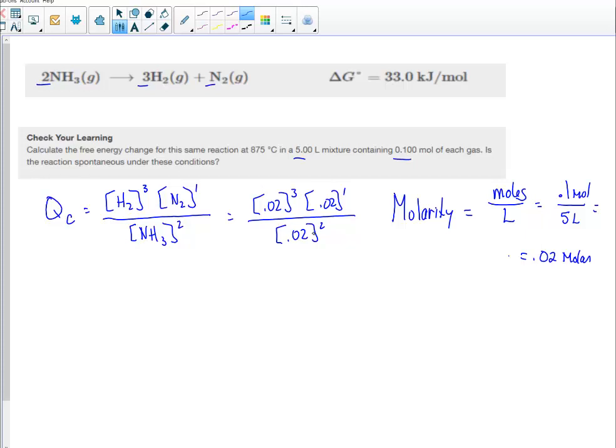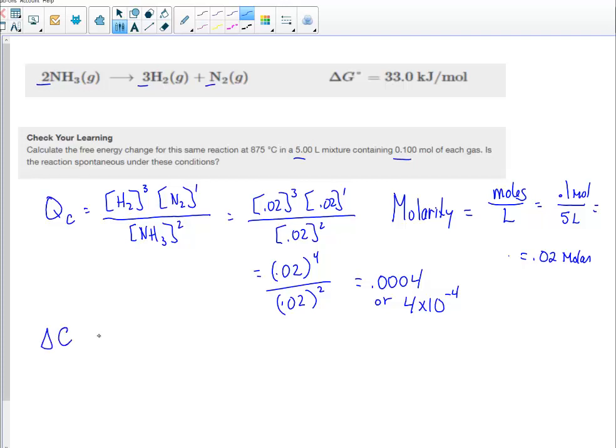What does that simplify to? You could literally hit it out, or you realize you could simplify as well. 0.02 to the fourth over 0.02 squared leaves you with 0.02 squared overall, doesn't it? That's your reaction quotient.